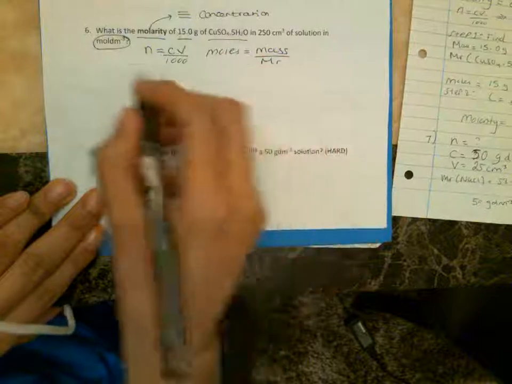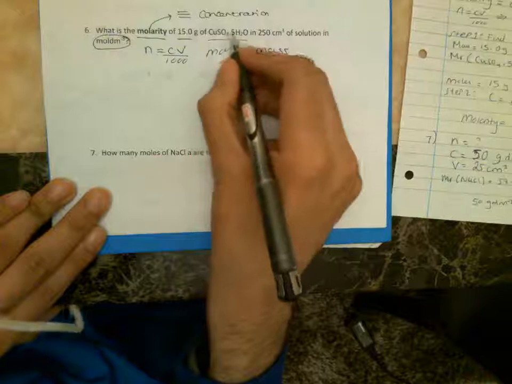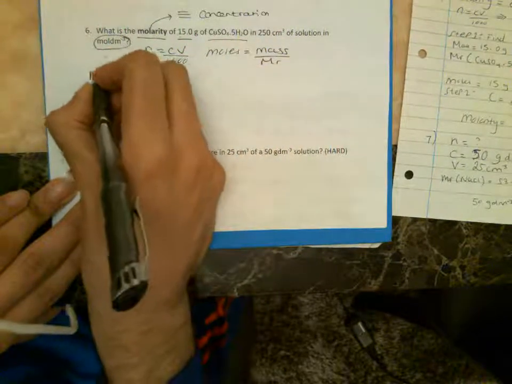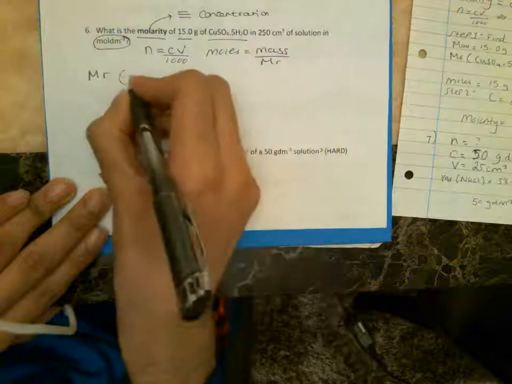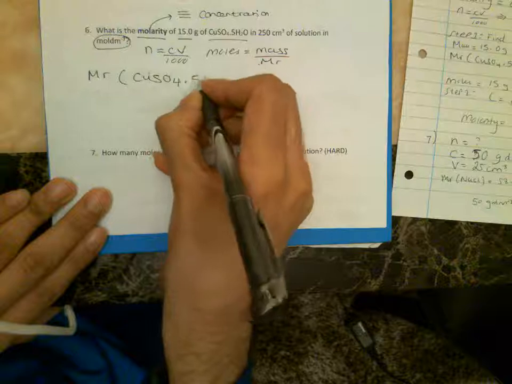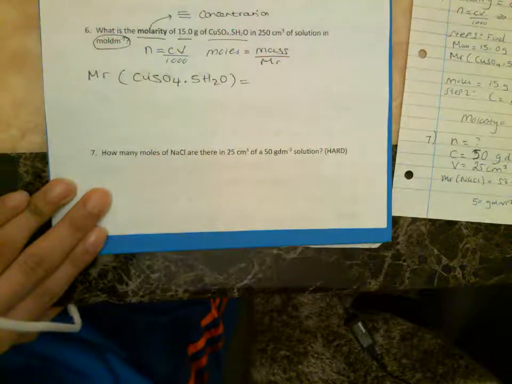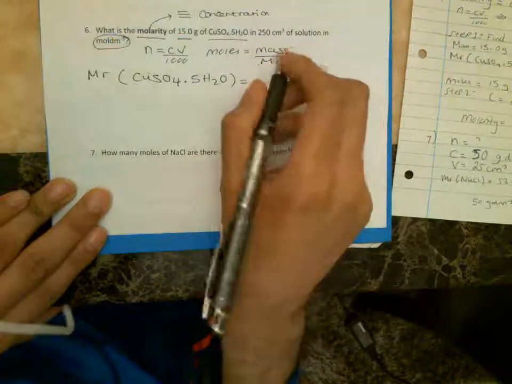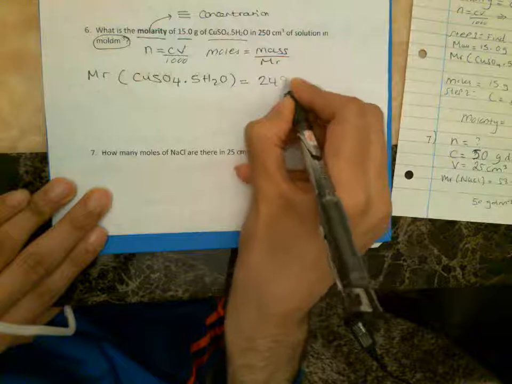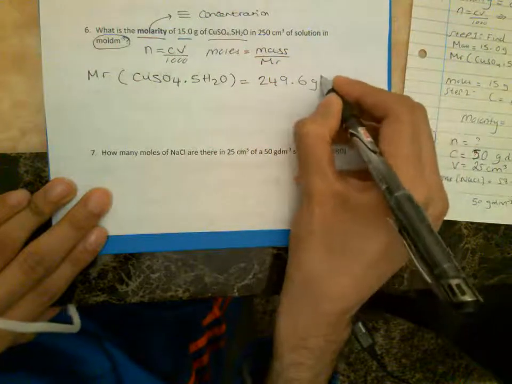Now, we don't know the MR of this monstrosity here. So what we're going to do is find out the MR of this. Now the MR of this is 249.6 grams per mole.